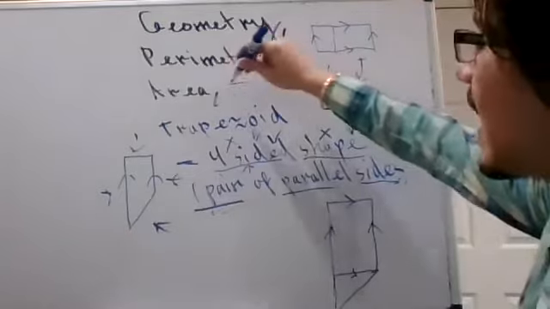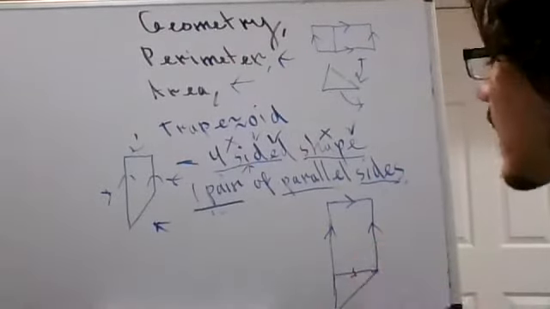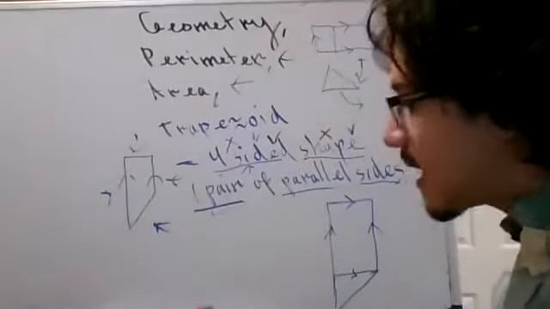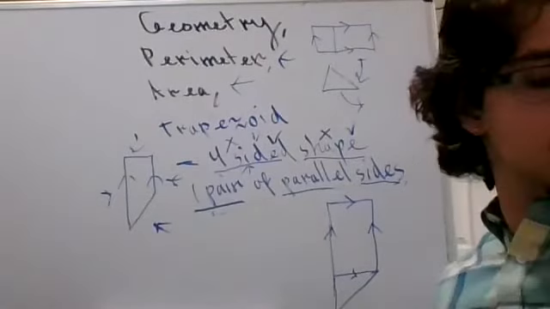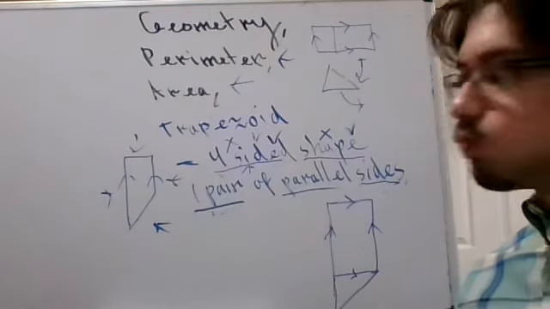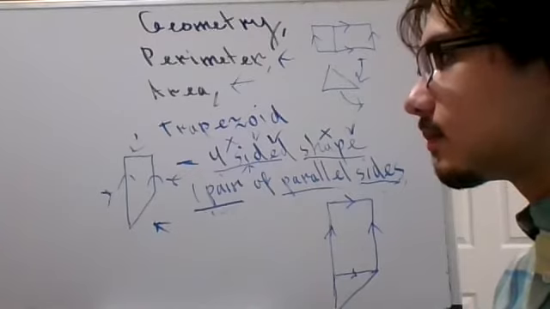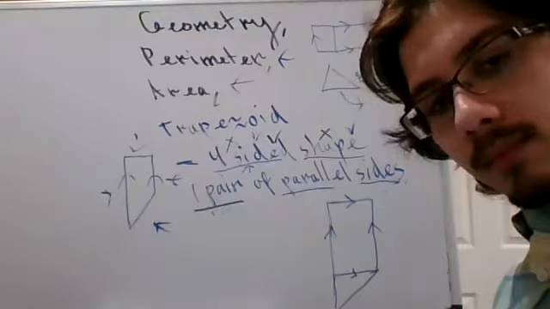If we are trying to find the area and we have broken the trapezoid down into a triangle and a rectangle, can anybody tell me what either the area of a rectangle or a triangle is? The area of a triangle is half base times height, and the area of a rectangle is length times width.